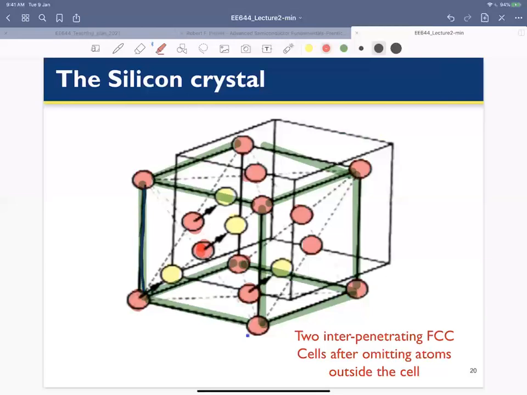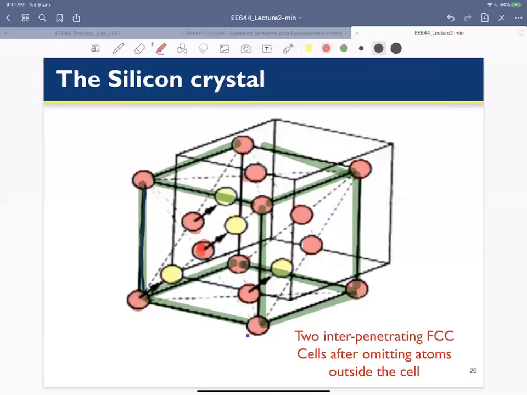Then I have the second FCC cell, which is shifted by a by 4, a by 4, a by 4 here. What I have done here is, the atoms of the second cell which come outside the first cell, you remove them, right? If you do that, only 4 atoms from the second FCC cell will remain, and this crystal is the diamond cubic crystal, right?